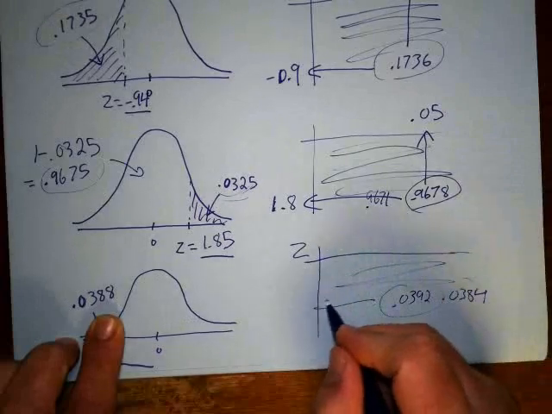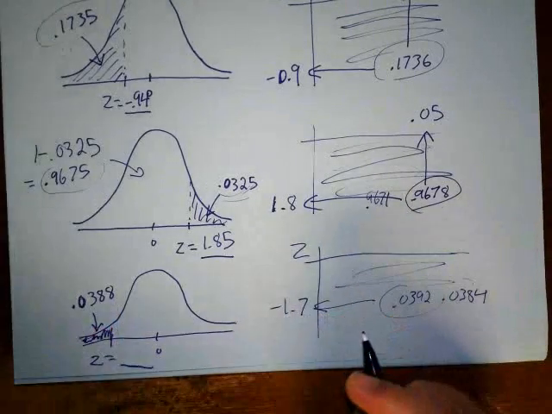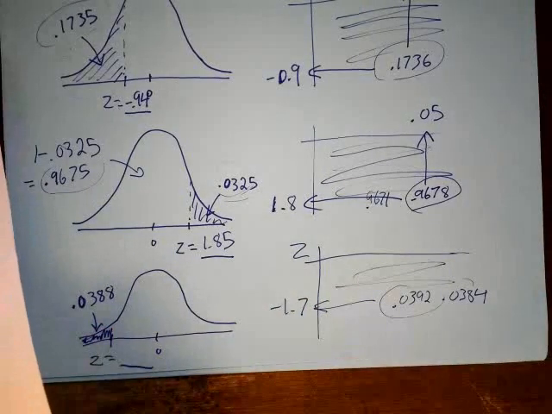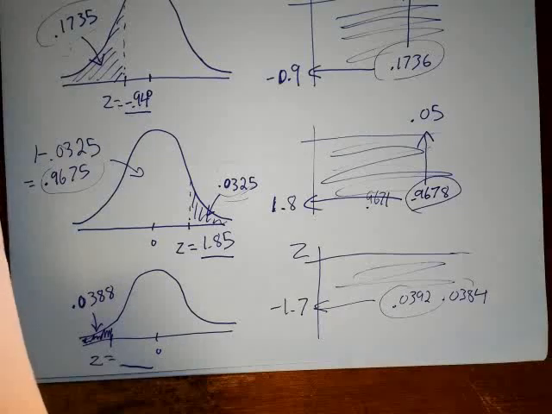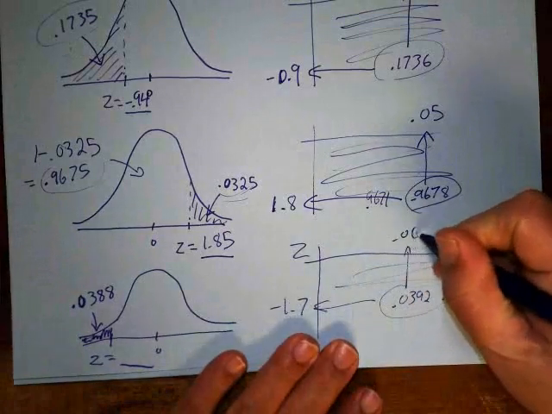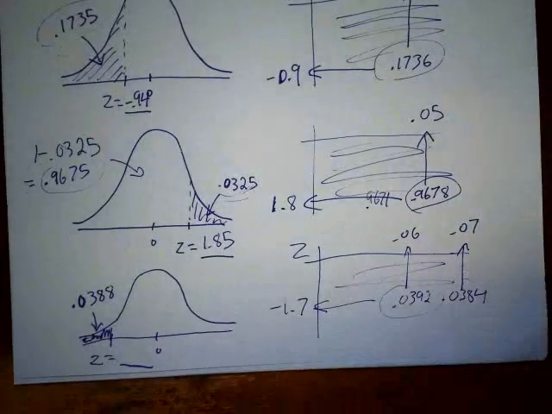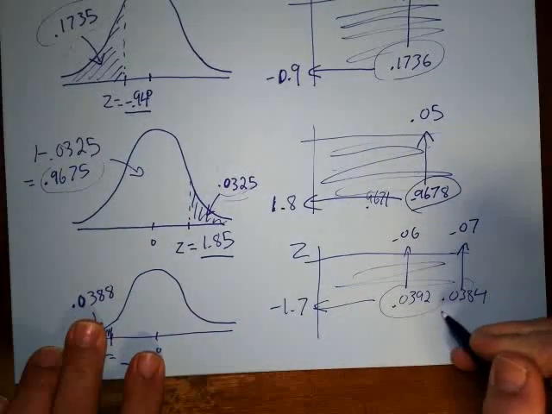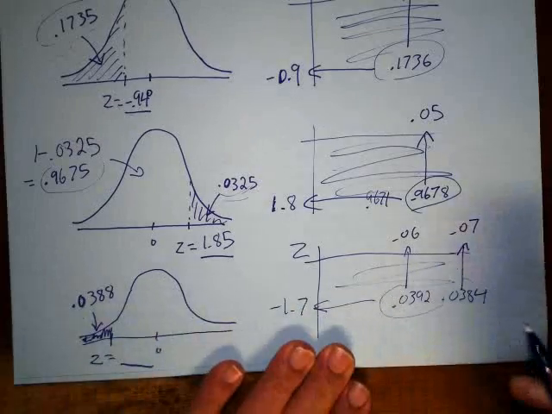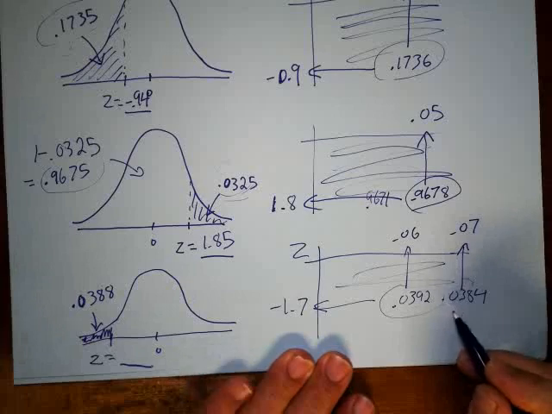Okay. So over here, this is negative 1.7. Let me look here. And the other, these two up here, this one is 0.06 and this one is 0.07. And since this is halfway between those, the question is, which one do you use?